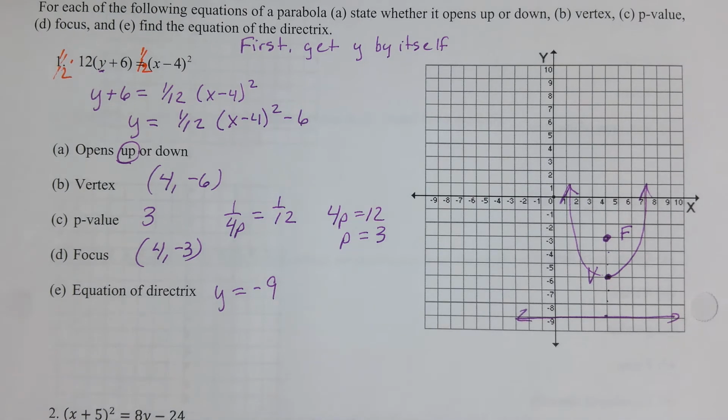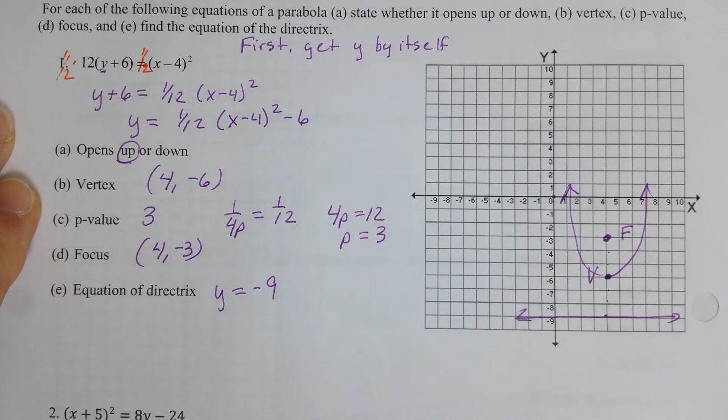Number 2, here's our y that we want to get by itself. If I look over here on the right-hand side, these two terms have 8 in common. I could factor out 8 and have 8 times y minus 3 equals x plus 5 squared.